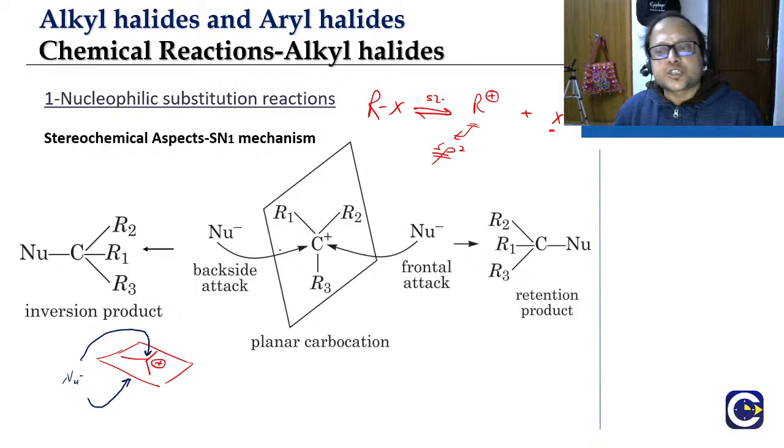So these two products are formed almost in equal amount because probability is same for both of them. It's not that one is dominating the other, and hence here what you get has retained the position of your halogen.